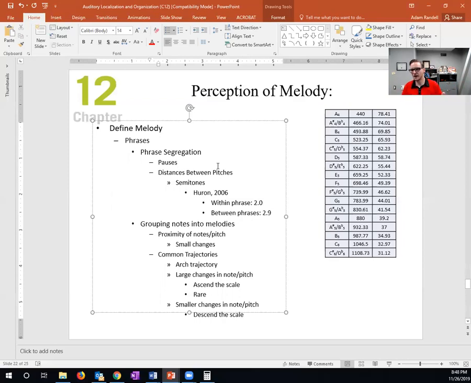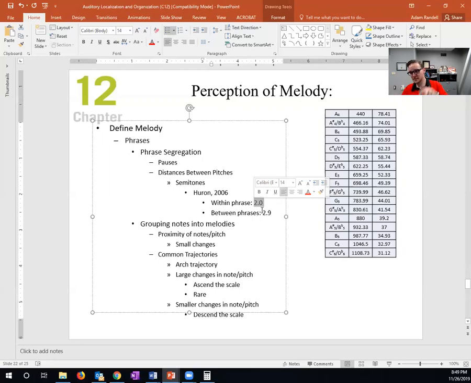So we have distance in time. When does one end? How long before the next note begins? The next is the distance in the pitch. So if we transition from a higher pitch to a lower pitch, depending upon how great of a transition that is, we lump the preceding notes into a phrase. Within a phrase, the transition between notes is about an average of 2 semitones long.